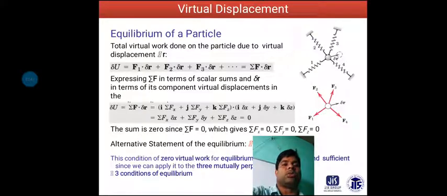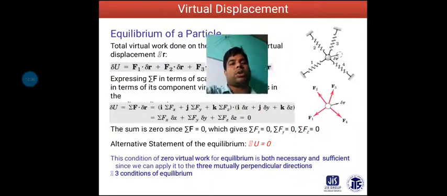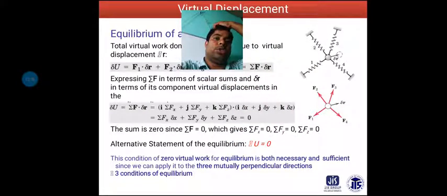So that is equal to summation of Fx into dx plus summation of Fy into dy plus summation of Fz into dz is equal to 0. So the sum is 0, since summation of F is equal to 0. So individually summation of Fx is equal to 0, summation of Fy is equal to 0, and summation of Fz is equal to 0. Now the alternative statement of the equilibrium is del U is equal to 0.